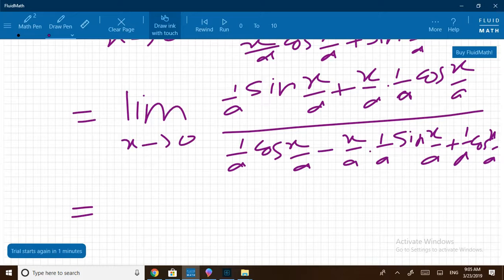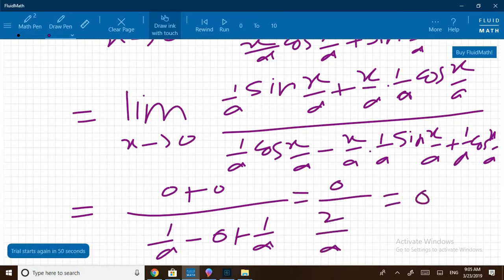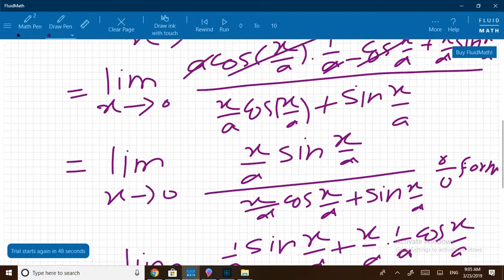In the numerator we get 0 plus 0, divided by 1 by a minus 0 plus 1 by a. So this will be 0 divided by 2 by a, which is equal to 0. Let's take a short look at this question.